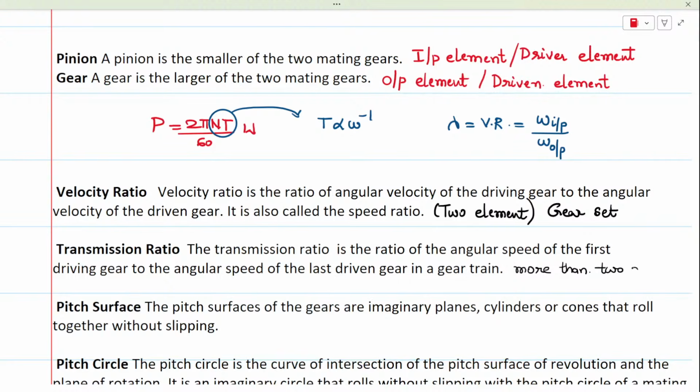It could be 3. If it is 3, you cannot call that a gear set. Instead, you have to call it a gear train. If it is 4, 5, 6, whatever the count may be, it is still called a gear train. If it is 2, then I have to stick with the keyword gear set.